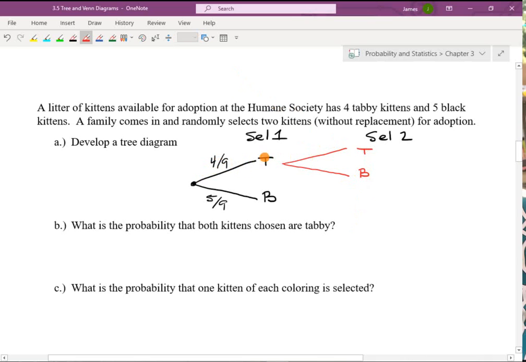If I chose a tabby the first time and I kept it out, what is the probability of choosing a tabby the second time? 3 out of 8. Okay. So the event that I'm interested in, and the outcomes that align with that, alter, and the sample space alters because we kept one cat out. Okay. What would be the probability if I chose a tabby first? What's the probability that I choose a black the second time?